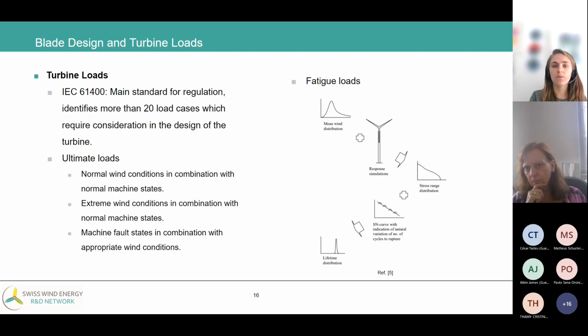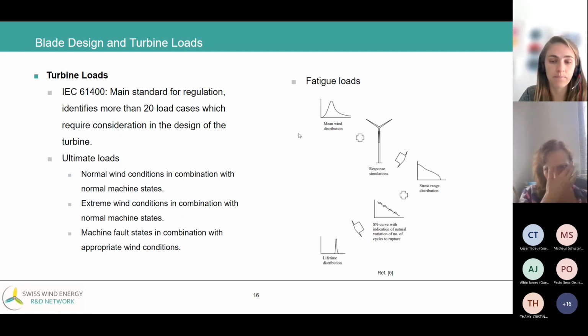So in order to calculate the fatigue loads, you have to take into consideration the wind speed distribution of your turbine, and the different load that each wind speed will produce on the blade, on the wind turbine.